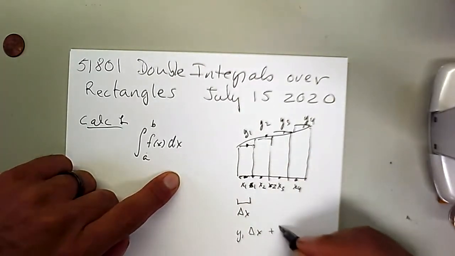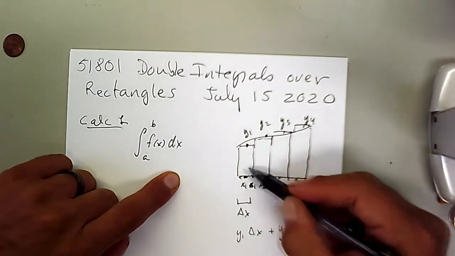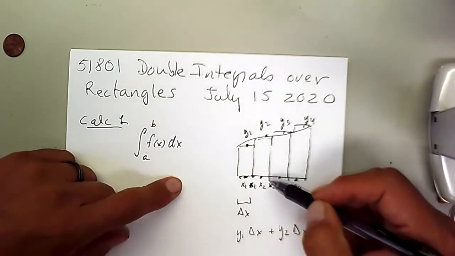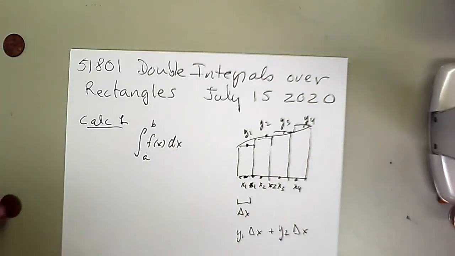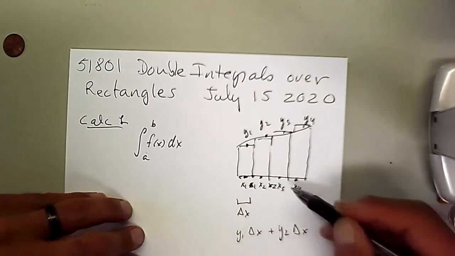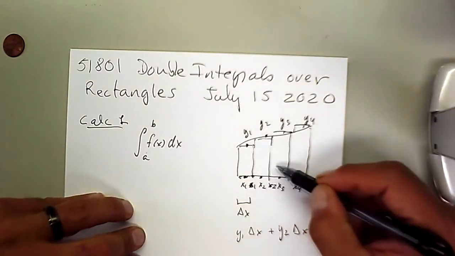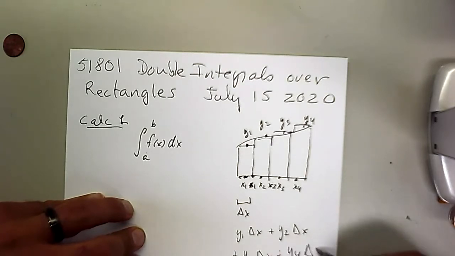If we add y2 times delta x, I'm doing this as height times base instead of base times height, because traditionally we do write delta x on the right side of the function. So height times base, height times base, height times base, so plus y3 delta x plus y4 times delta x.